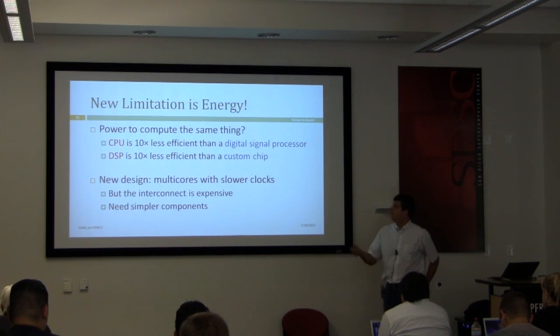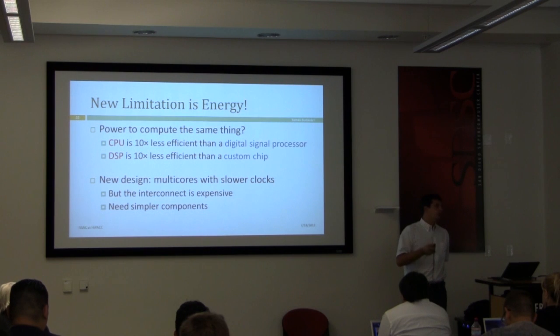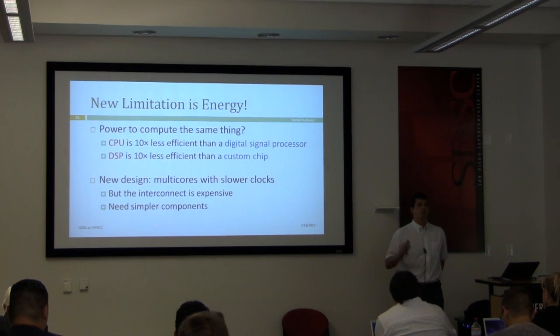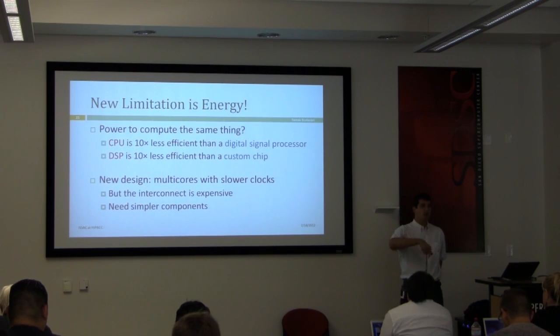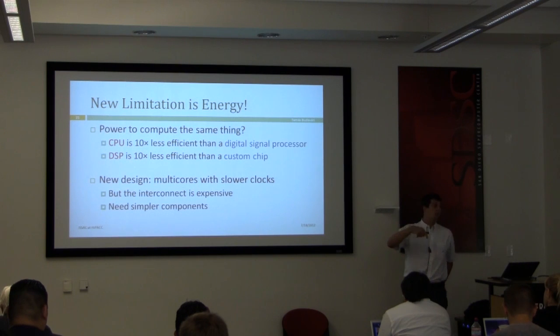The interesting thing we notice is that if you wanted to decode a video, say play an MPEG-4 high-definition movie, on your computer with a Pentium processor or what you have, it's going to take 10 times more power than if you did that on a special DSP, a digital signal processing unit.